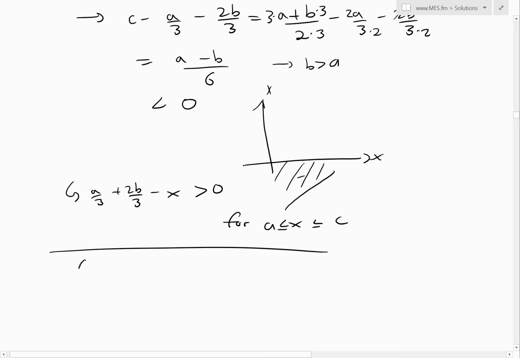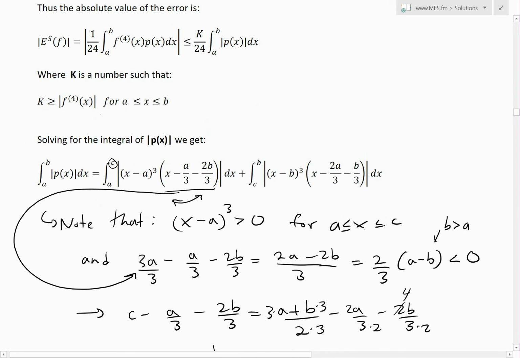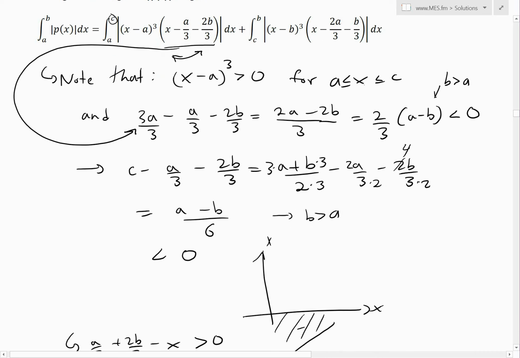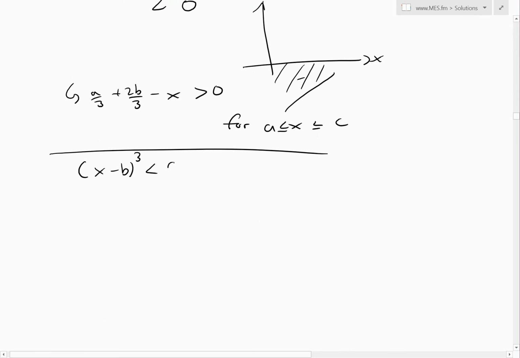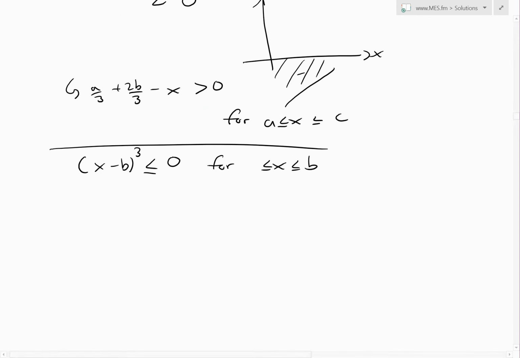For the second integral, x minus b cubed is always going to be negative, because we have c to b and c is less than b. So this is less than or equal to 0 for x less than or equal to b. I'll put the equals sign there, because if you put in b, it's just equal to 0. So this is c right here, and this is always less than or equal to 0.